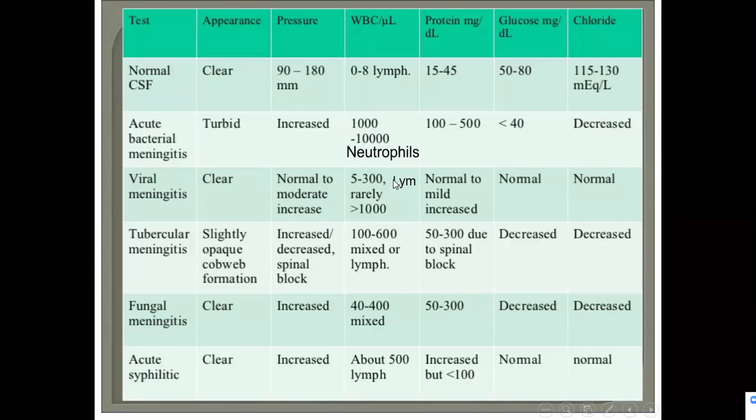In bacterial infections, neutrophils are increased. Normally we have 0 to 8 lymphocytes, usually 1 or 2. But in viral meningitis, they reach 5 to 300. Rarely they exceed 1,000.